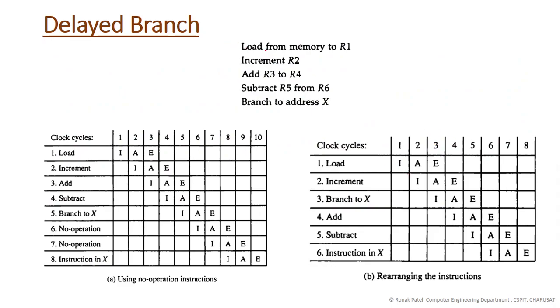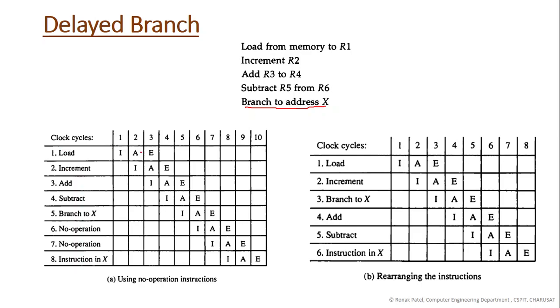These are my instructions: load from memory to R1, increment R2, add R3 to R4, then subtract R5 from R6 and branch to address X, right? So this is our branch instruction. If we see the pipeline, what happened?